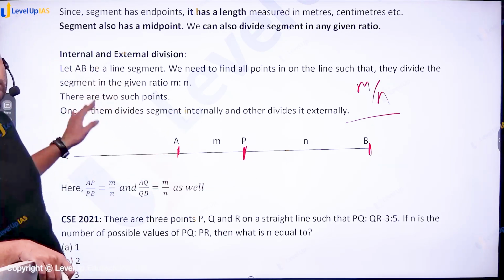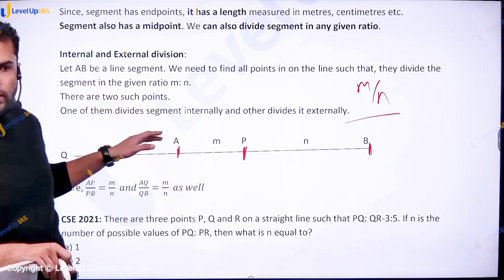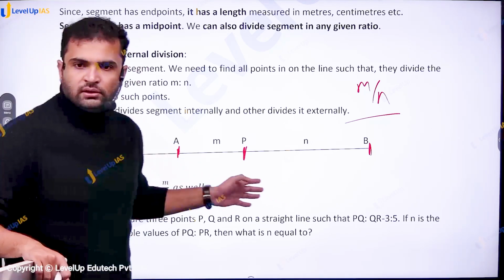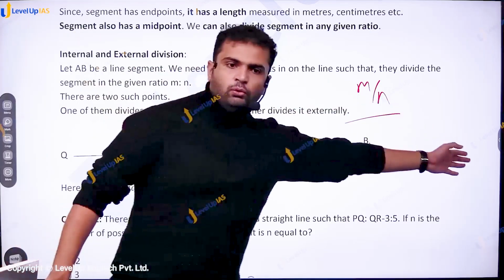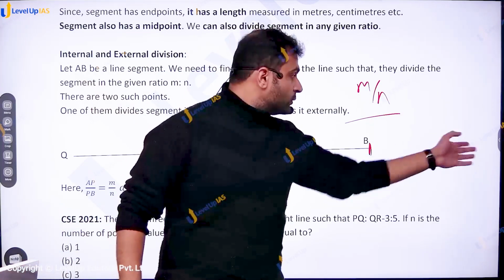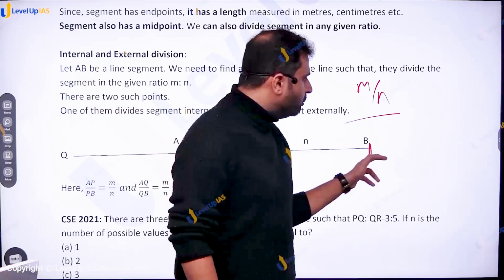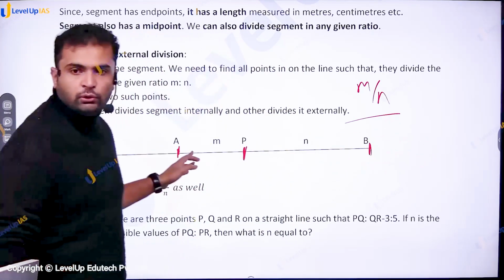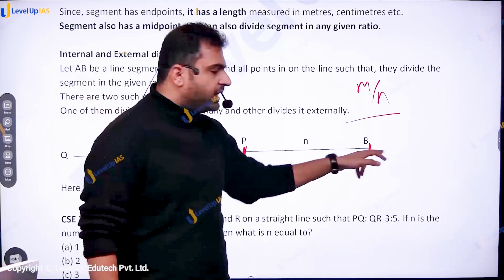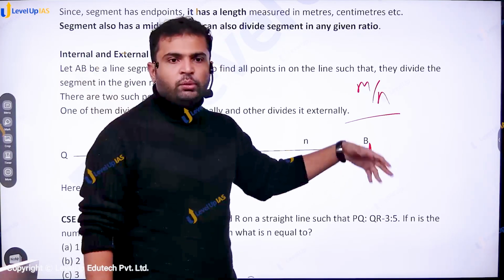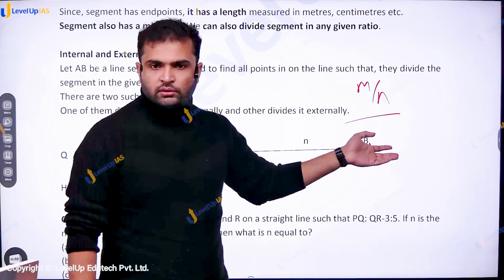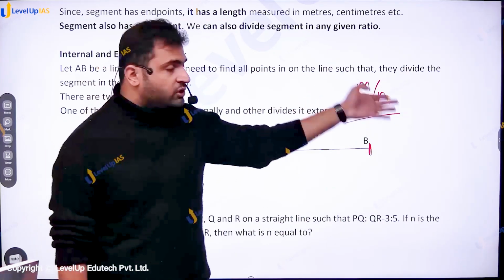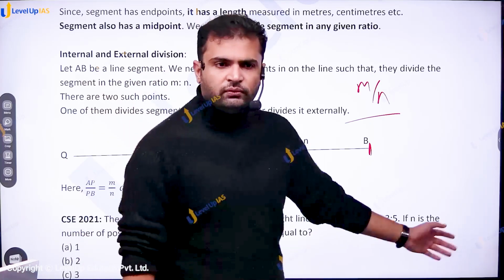The point is external to AB. And Q has to be on this side because we are saying proper fraction, so m is less than n. If Q were outside on the other side, then QB would be much smaller and QA would be much bigger. So m, which is QA, divided by n, which is QB, would be much bigger than 1, which is not possible because m by n is the given fraction which is smaller than 1. m is smaller than n, that is what we have assumed.